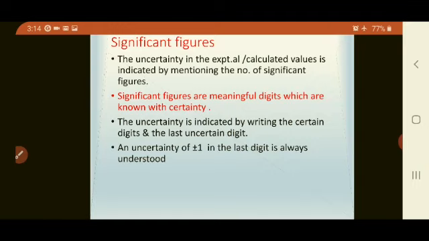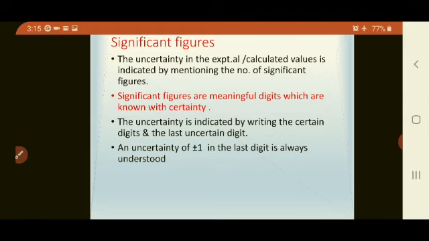So the uncertainty is indicated by writing the certain digits and the last uncertain digit. How much uncertainty is understood? Plus or minus 1 in any reading, uncertainty is understood.